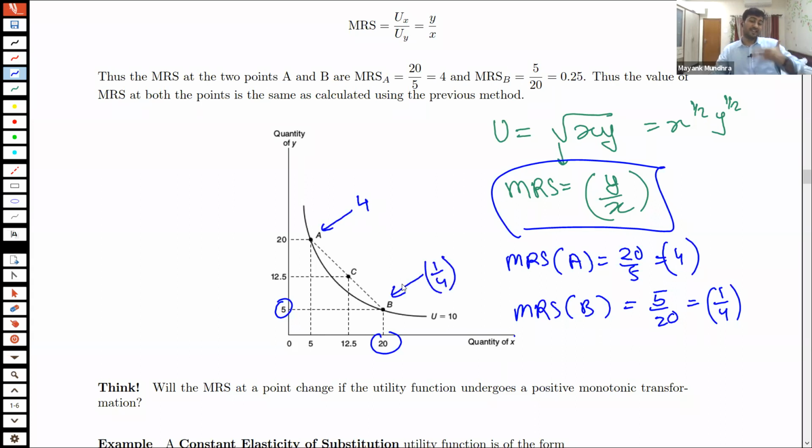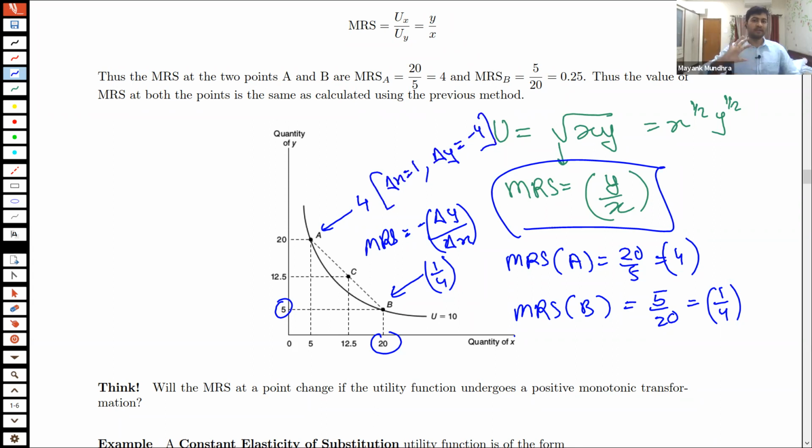So what is the meaning of this MRS change? So MRS is technically negative of change in y upon change in x. So MRS is 4 here, which means that if delta x is 1, then delta y must be equal to minus 4. Okay, so if you give me 1 unit of x, I am willing to give you 4 units of y in exchange for 1 unit of x.